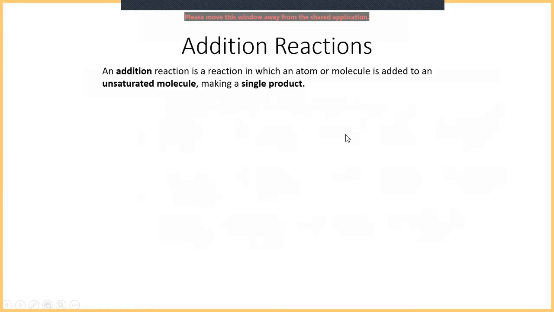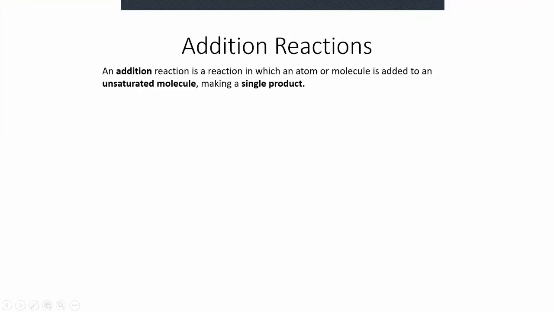Next set of reactions. Addition reactions. All right, let's move through on that one. Now, addition reactions are reactions that happen when you add into an unsaturated molecule. I need us to understand this. You've got an unsaturated molecule, and what is that?